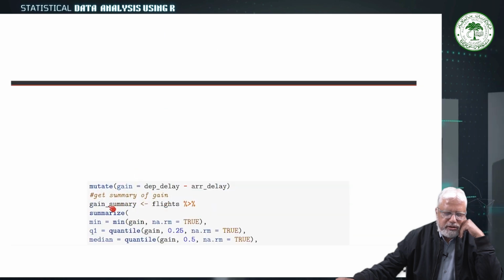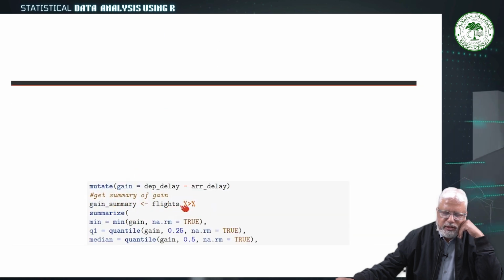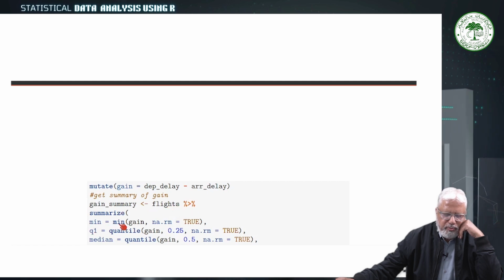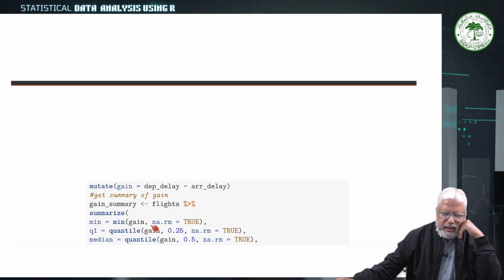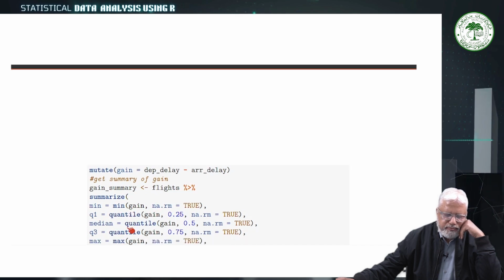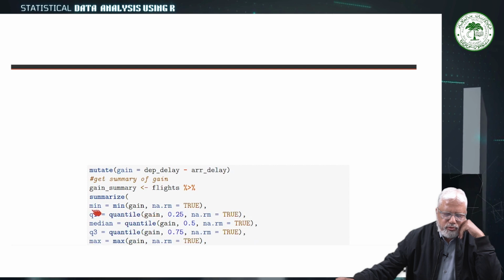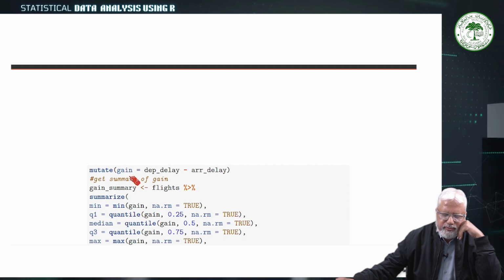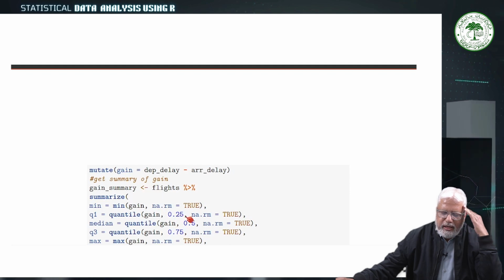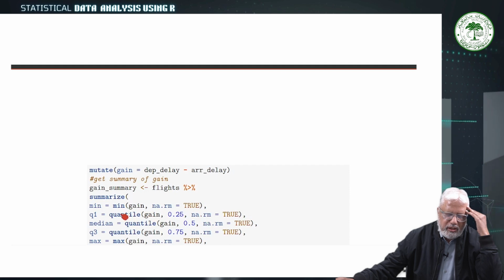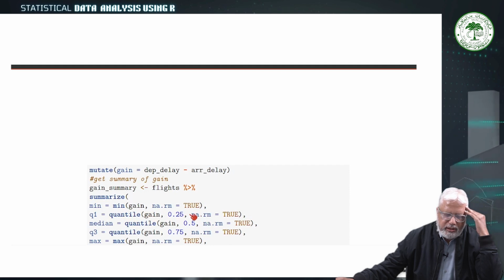Get the summary of gain: flights, then pipe, then summarize min is equal to minimum of gain, na.rm is equal to true. Then the first quartile of the gain new variable which is being defined here. This is 0.25, the first quartile, na.rm is equal to true, so it will remove NAs and then it will compute this Q1. This is the Q1, first quartile.